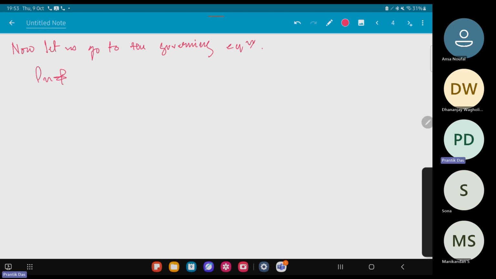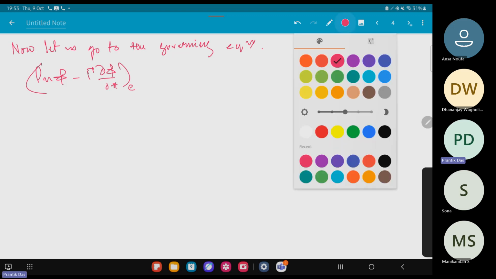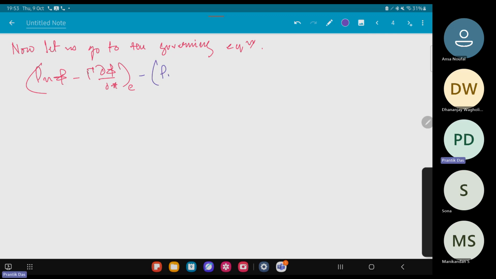Rho u phi. This is after reduction from the general transport equation, which I am not showing but have shown you multiple times: the derivative of rho u phi minus the derivative of gamma d phi dx, at small w, equal to 0. This one is capital P, this is capital E, and this is capital W.